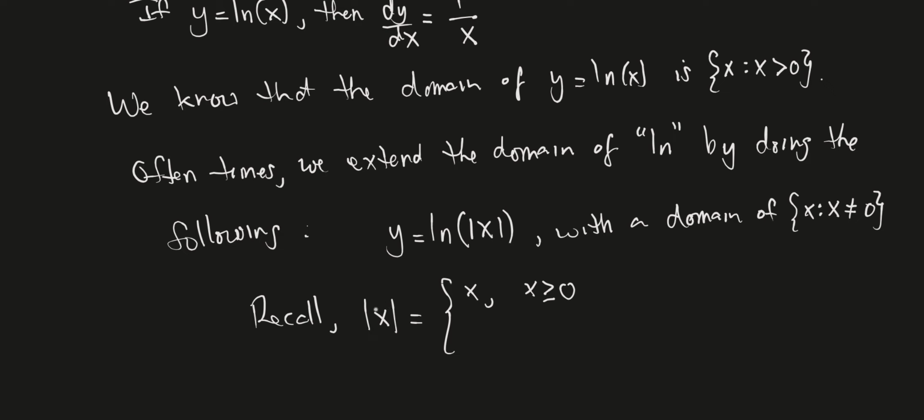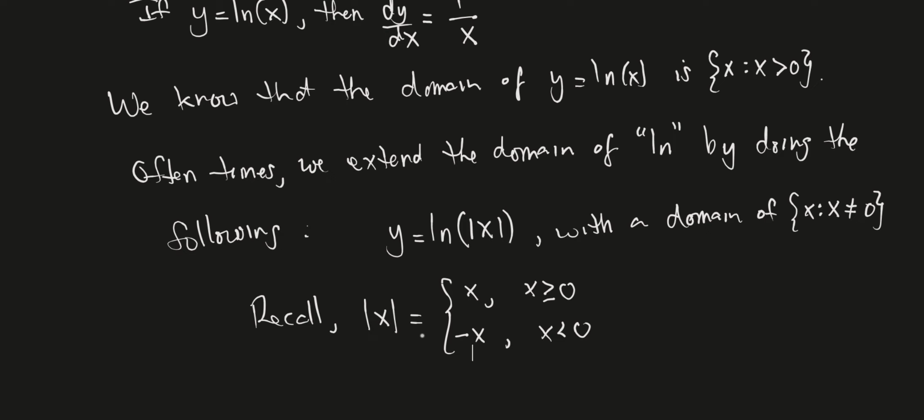If, however, you take the absolute value of a negative number, so if your x is negative, then what the absolute value does is change that sign by putting a negative in front of it. So whatever your x is, it would take the negative of that negative value of x, and that's how it produces positive numbers, right? So this is actually the formal piecewise definition of your absolute value function.